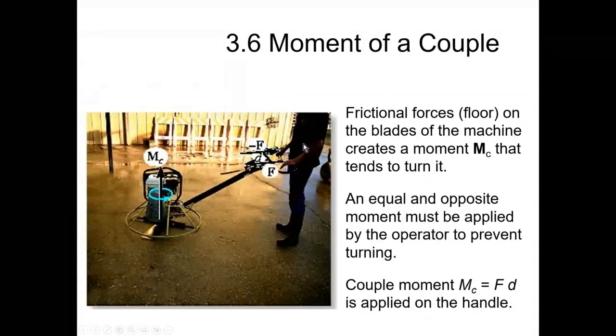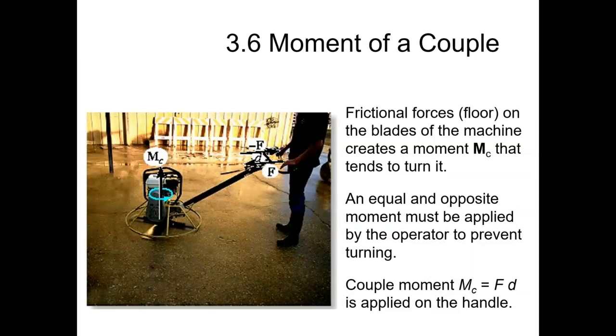Here, someone is trying to grind the surface using a special tool. And here, the resistance of the grinder on the ground is causing a moment which is normal to the ground. Then the operator should apply a couple of opposite direction to cancel this one.